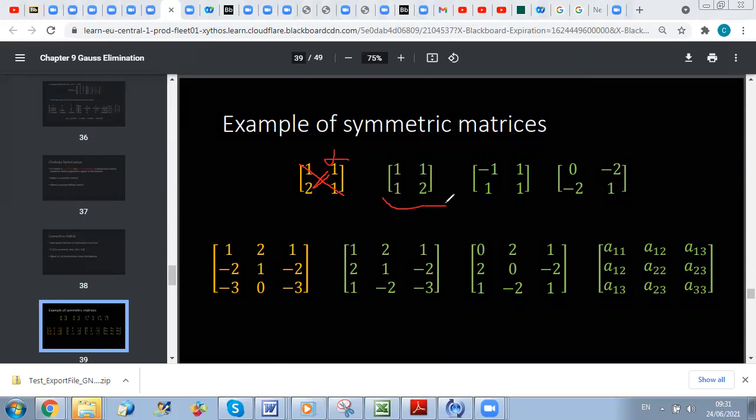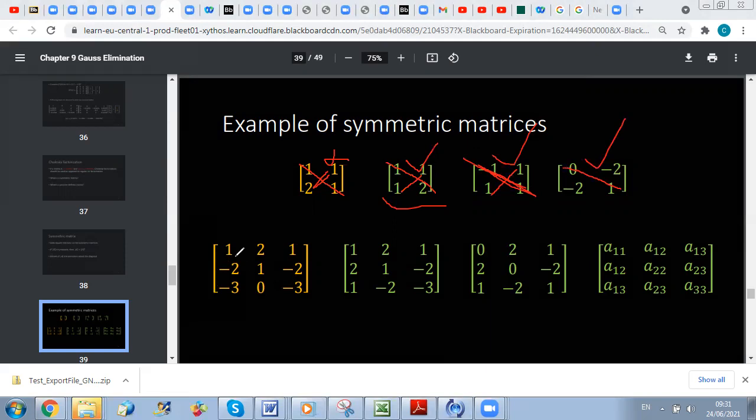For this matrix, this is the diagonal. I check, do I have symmetry? Yes, so it's symmetric. Again, you don't care about elements on the diagonal. They can be different, they can be equal, it doesn't matter. You just compare the other elements. You consider the diagonal as your mirror line. Since you have symmetry here, it's a symmetric matrix. Also here, same thing.